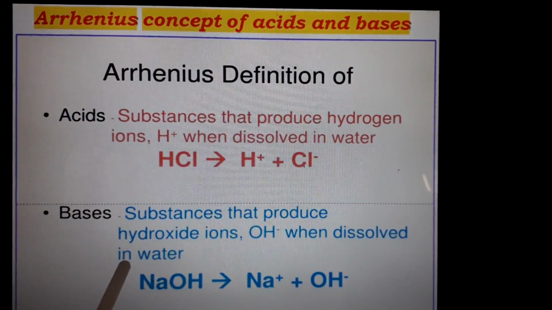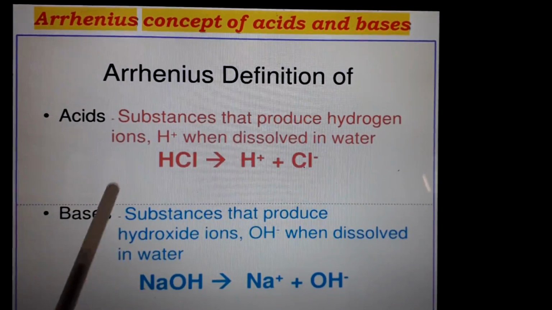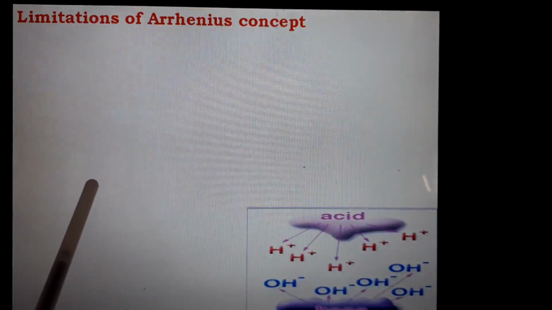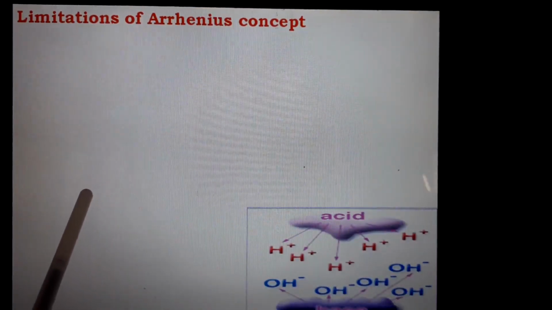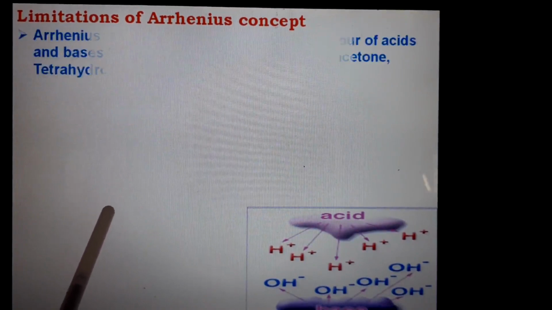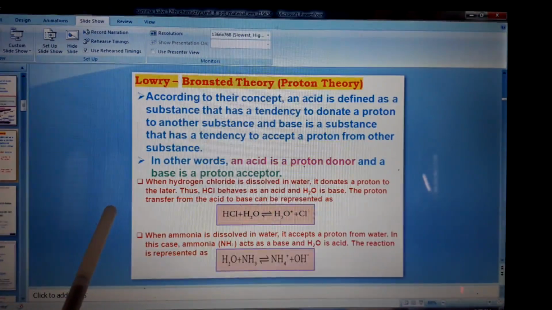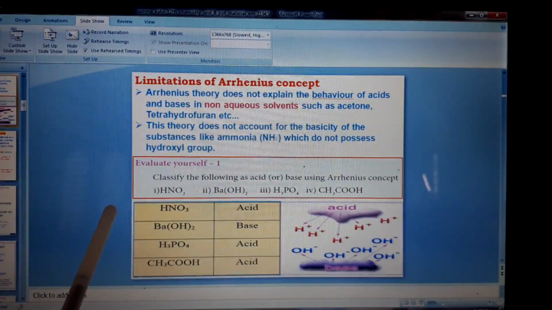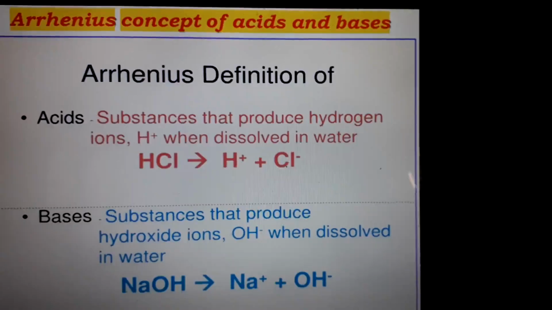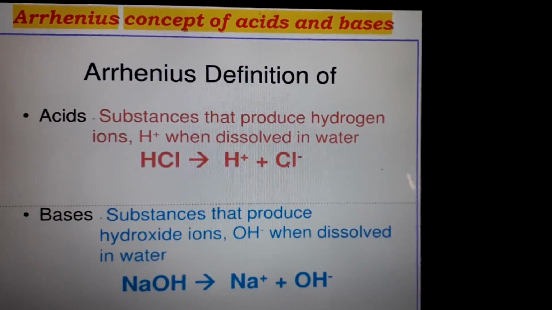What did Arrhenius tell? What is acid? Substances that produce hydrogen ion. Arrhenius told that acid produces a hydrogen ion when dissolved in water.